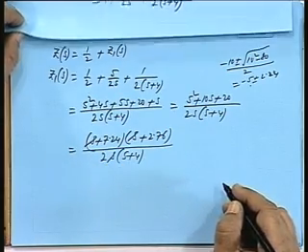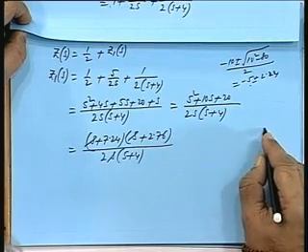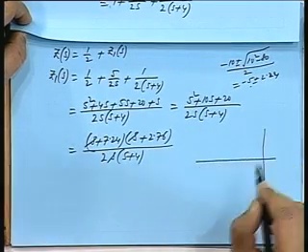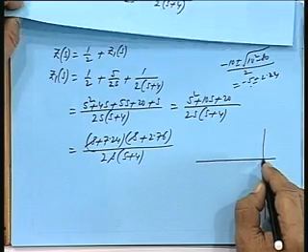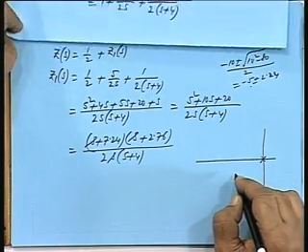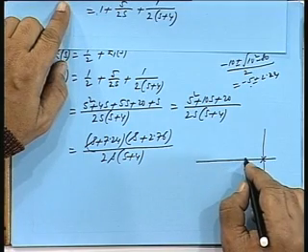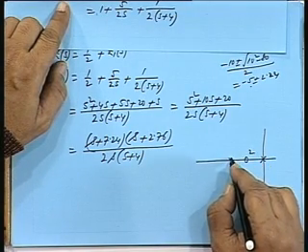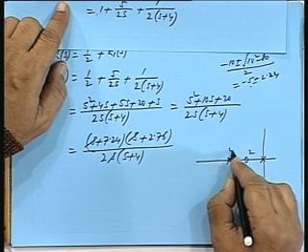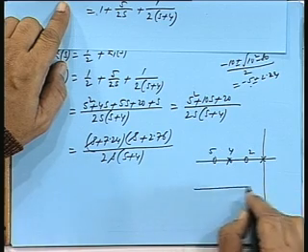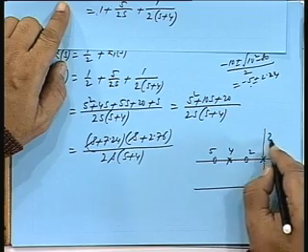So, what will be the pole zero configuration? Earlier we were having a pole, okay, at 2 there was a 0, at 4 there was a pole, at 5 there was a 0. Now, this is for Zs.